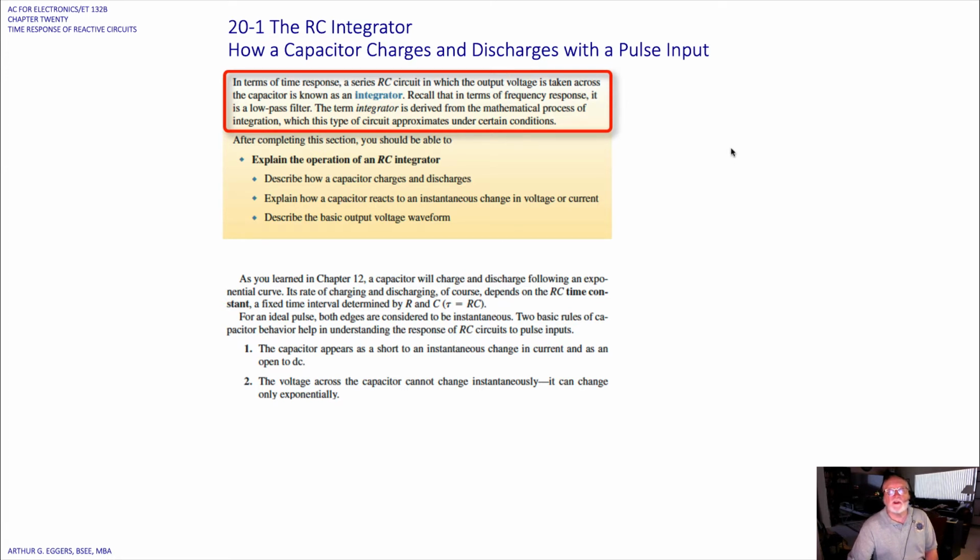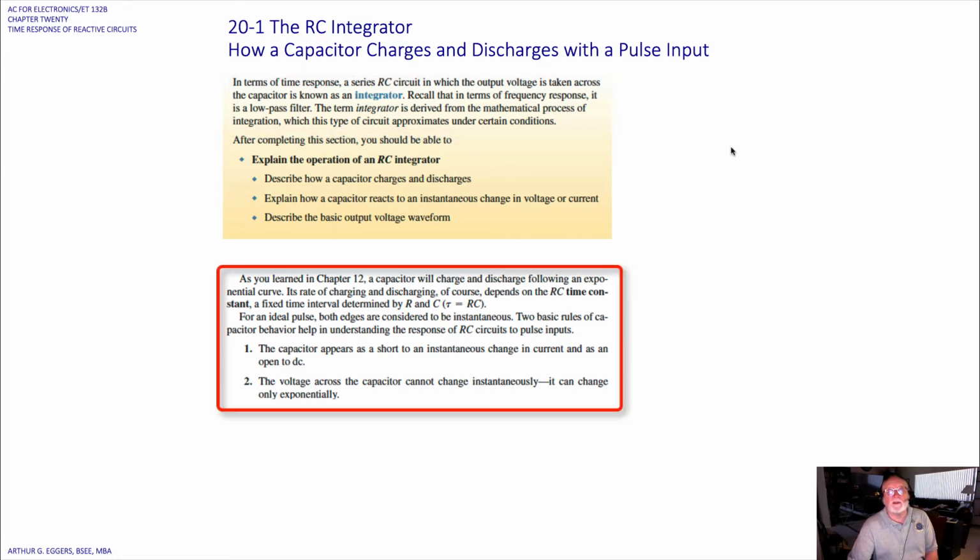So, as we learned in chapter 12, a capacitor will charge and discharge following an exponential curve. Its rate of charging and discharging, of course, depends on the RC time constant, a fixed time interval determined by the resistor and the capacitor, and we saw that before as tau. Tau is equal to R times C.